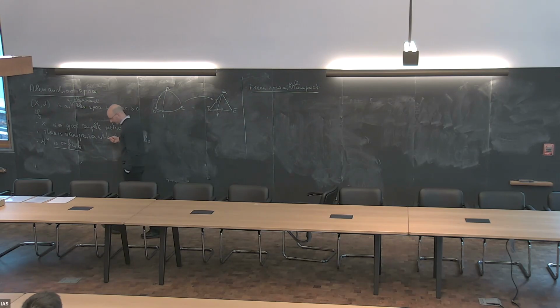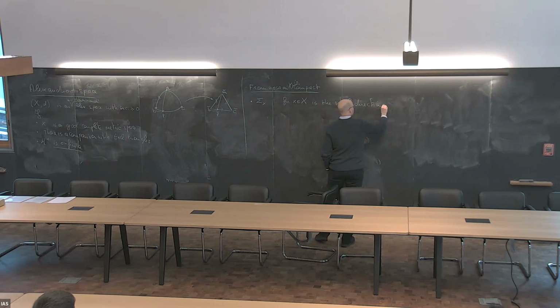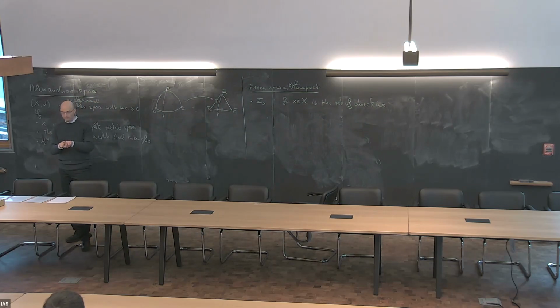Okay, so in the theory that was developed in the first semester, we saw that we can always attach to each point a set of directions, which is usually called something like sigma x. So the set of directions, you can think about it as ideally the tangent to the point.